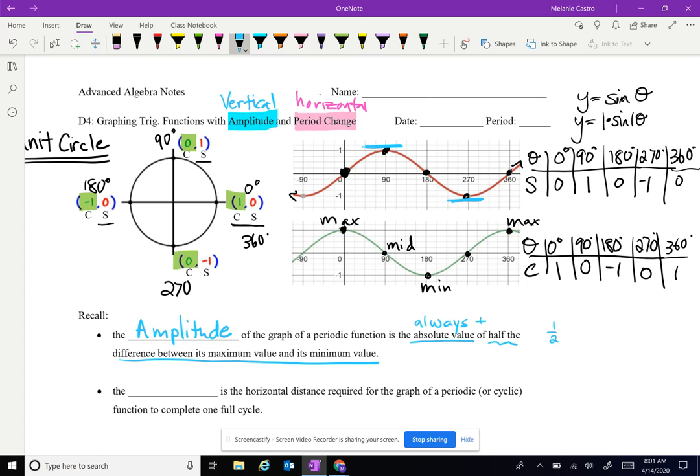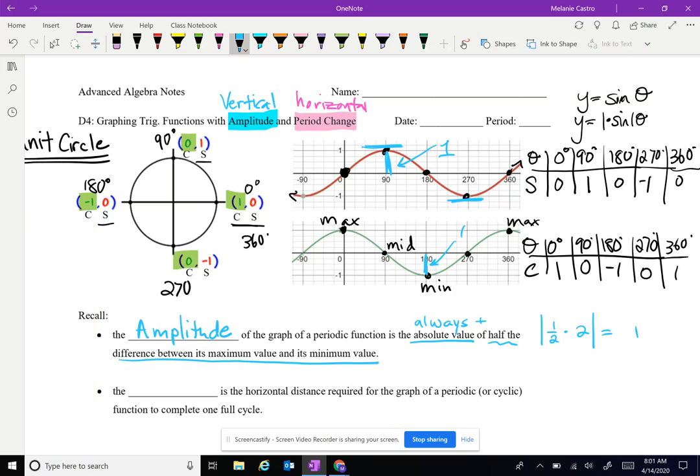Half of the distance of 2 would just be 1. And we want to make sure that we're only looking at a positive value. So our amplitude on both of these is 1. It's the absolute value of half of the distance between the max and the min.